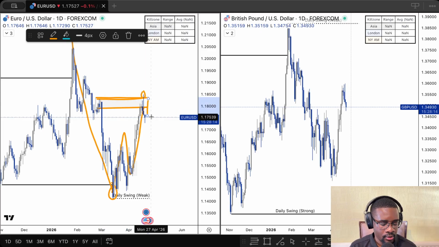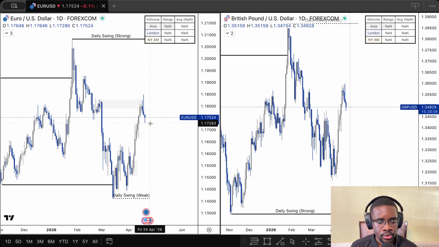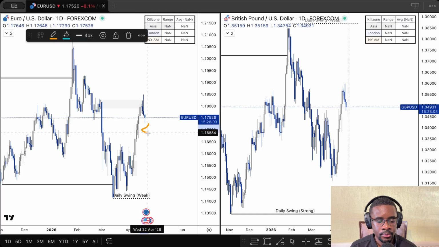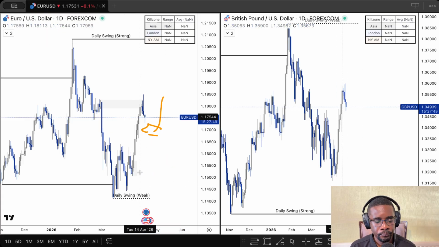And then we've had a reaction. So this could be just a pullback, maybe towards anywhere in here before continuing, or price could be willing to continue to pull back maybe towards this low.